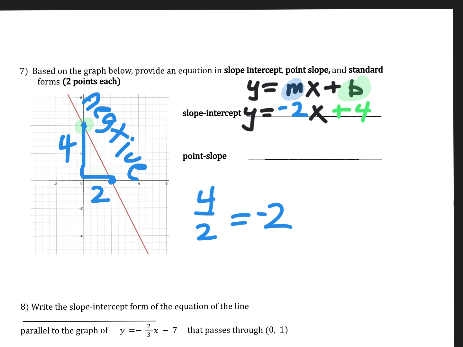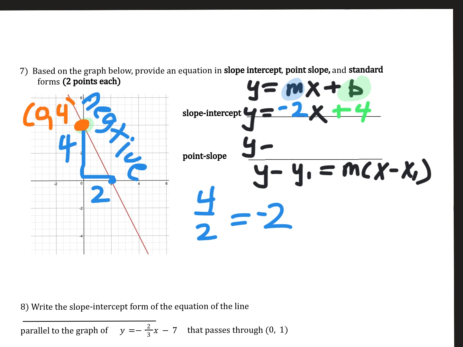And then for point slope, we need y minus y1 equals m times x minus x1. And so the y minus is just part of the equation. And there's a whole bunch of right answers you could have for this one, because you can really use any point that falls on the line, but I'm going to use this one just because. So the coordinates for that orange coordinate that I just labeled is 0, 4.